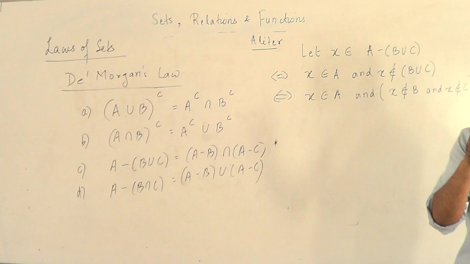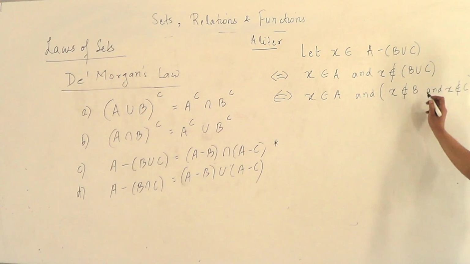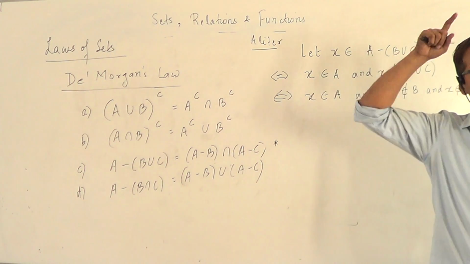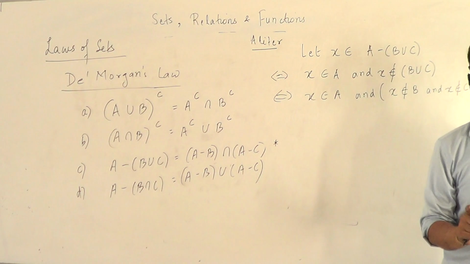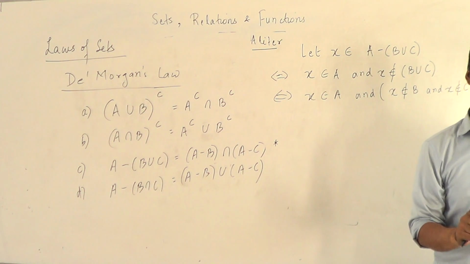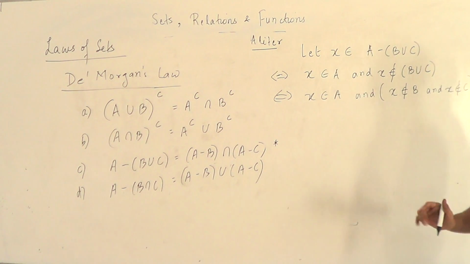Very important. This is the step which is going to make the difference. If something does not belong to B union C, it should not belong to B and also not to C. It belongs to B union C complement, so it belongs to B complement and C complement, therefore we take the intersection.